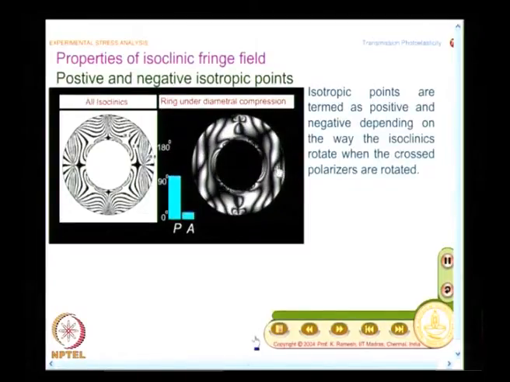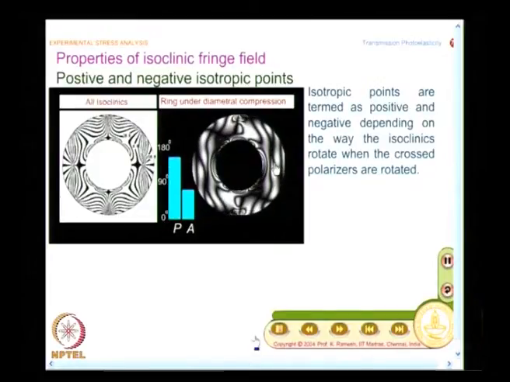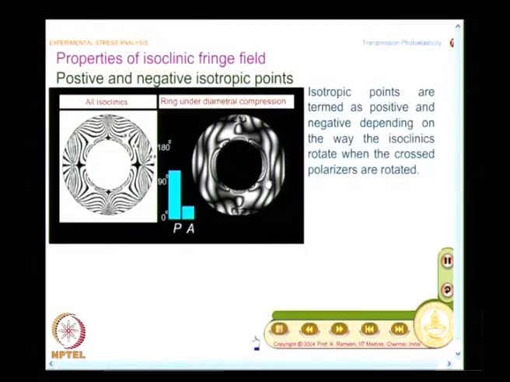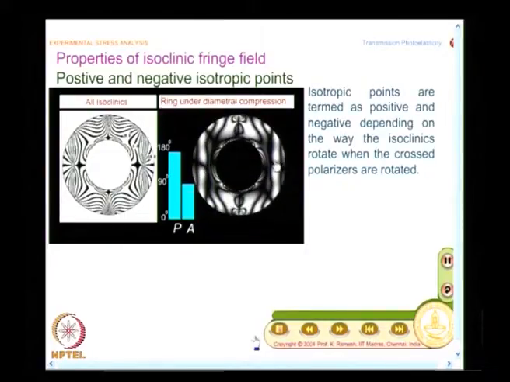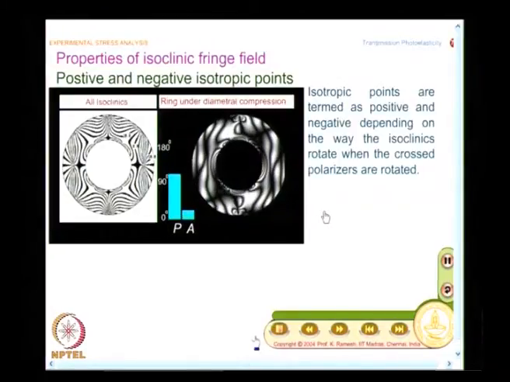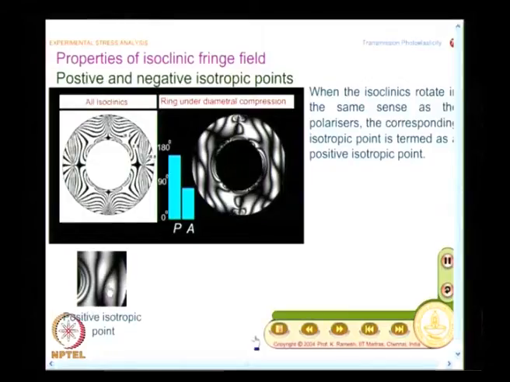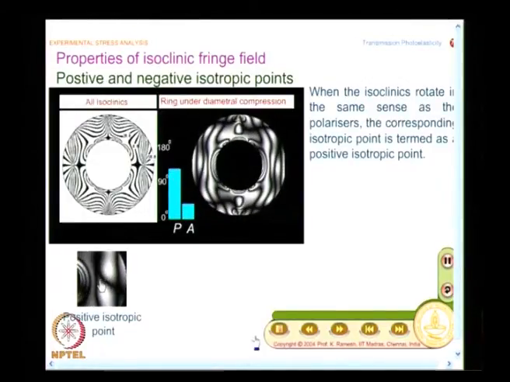And that is what you had seen very carefully. When I rotate, they rotate in the same fashion as the polarizer analyzer combination, and you have a simple labeling. You call this a positive isotropic point, and I will call the other one a negative isotropic point.